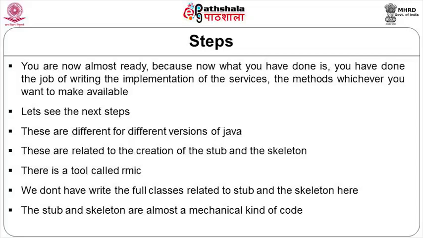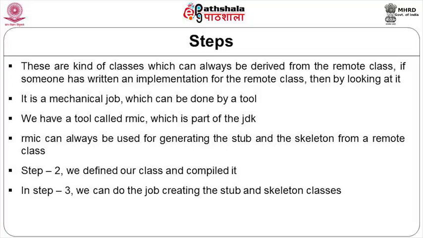We don't need to write the full classes related to the stub and the skeleton here, because if you look at those stub and skeleton, they are almost a mechanical kind of program, the kind of programs which can always be derived from the remote class.